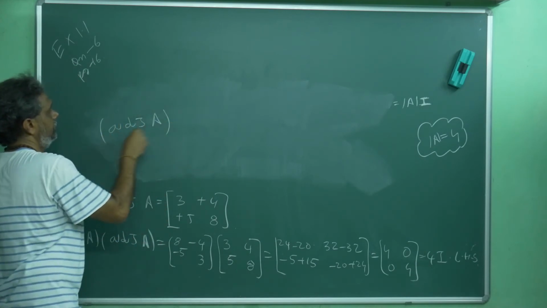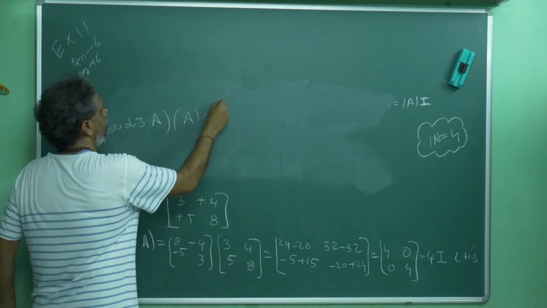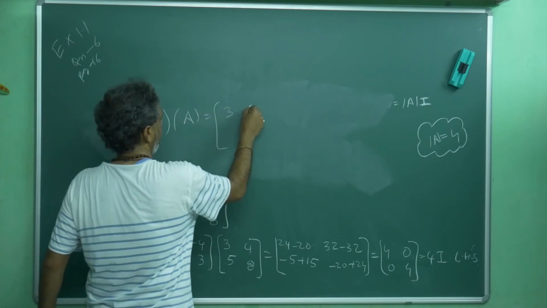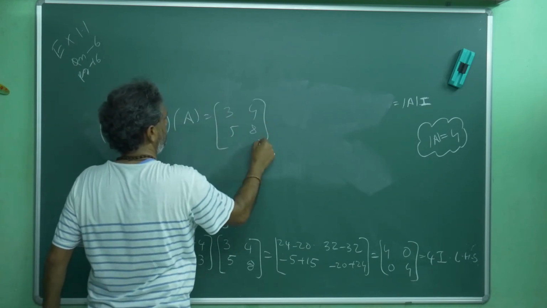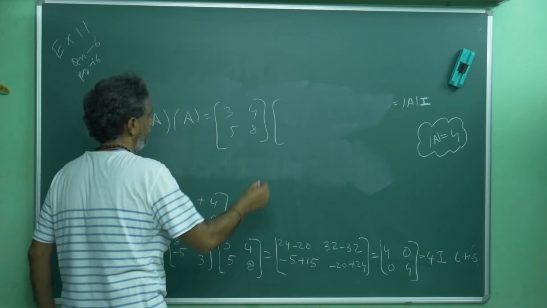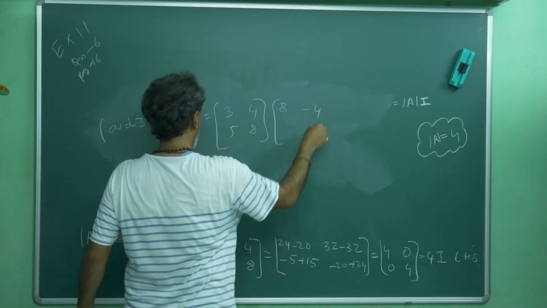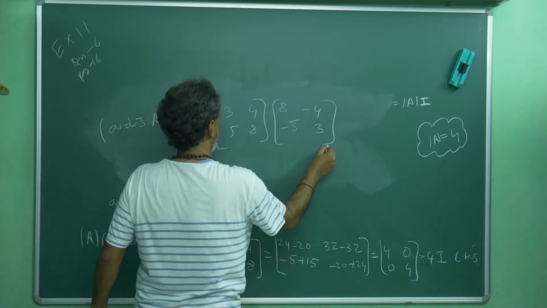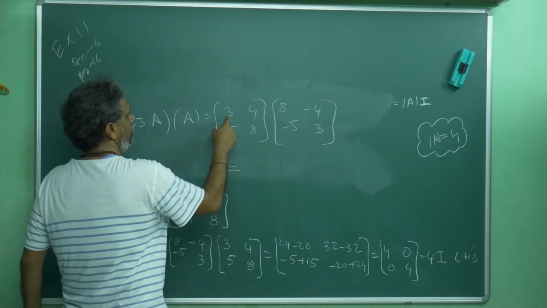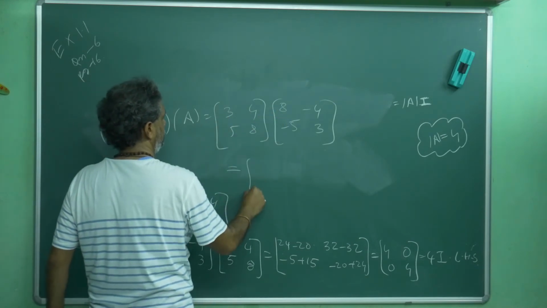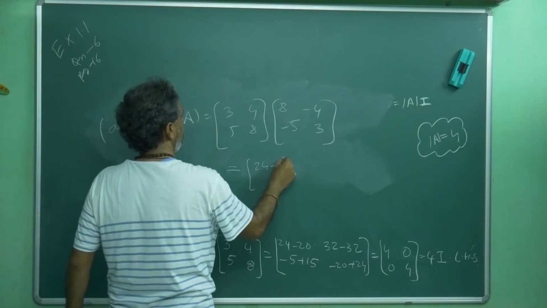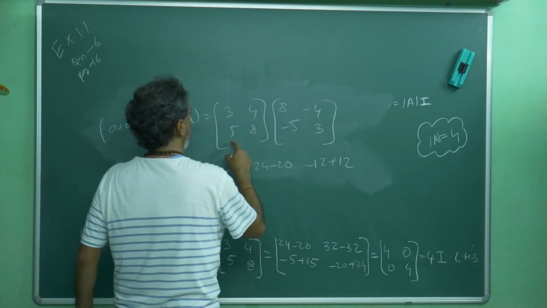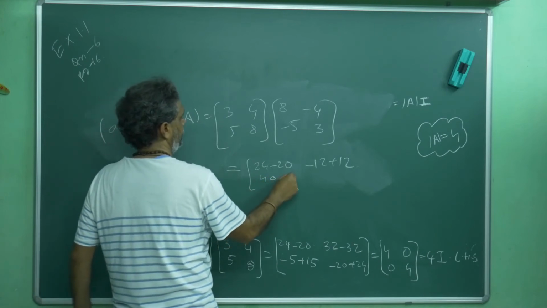Adjoint of A into A. Who is adjoint? [3, 4; 5, 8]. Who is A? [8, -4; -5, 3]. Multiply. 3 into 8, 24 minus 20. Then minus 12 plus 12. 40 minus 40.